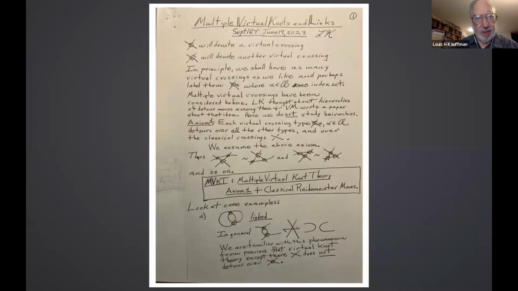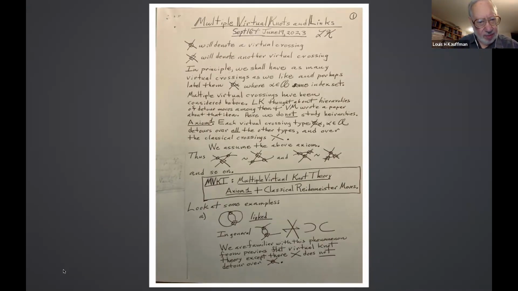And now I'm talking about multiple virtual knots and links. And while there is a kind of functor which takes you from the graph category over to the knot category, I'm going to now dwell in the knot category. So I'm not talking about the properties of that functor either, which of course is interesting because it means that you can pull things from virtual knot theory back to graph theory and across.